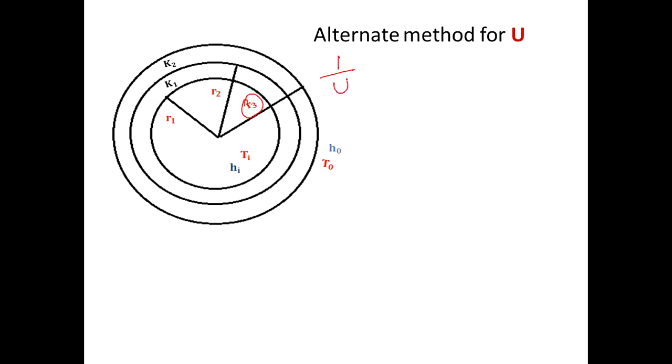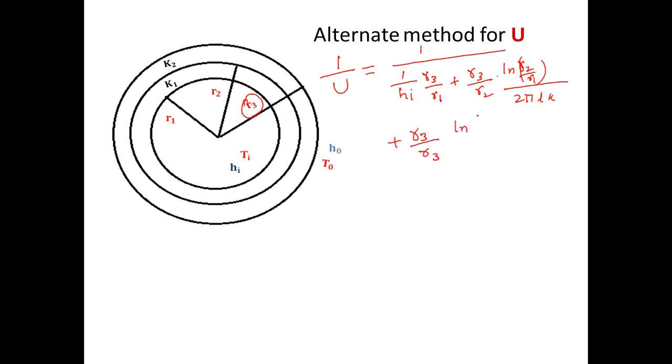Let me write the formula. 1 by U is equal to 1 divided by hi times R3 by R1, plus R3 by R2 into ln of R2 by R1 divided by 2 pi L K1, plus R3 ln of R3 by R2 divided by 2 pi L K2, plus 1 upon h0.